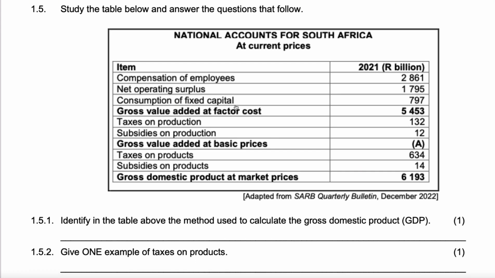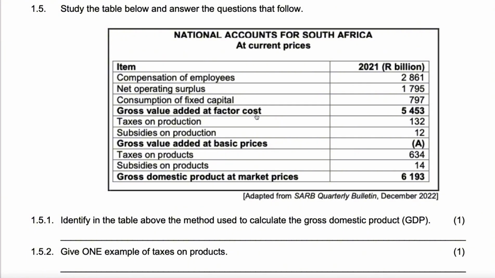Then consumption of fixed capital means depreciation. Then we have GDP at factor cost. Then taxes on production, that will be pay as you earn as an example, subsidies on production, employment subsidy, and then taxes on products, VAT, subsidies on products, maybe a bread subsidy or anything like that.